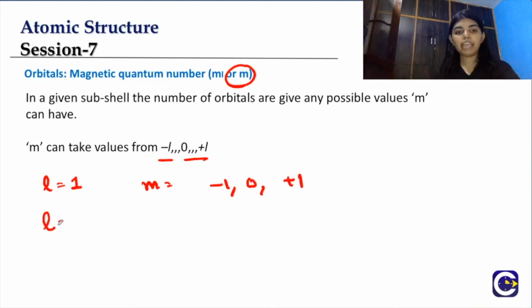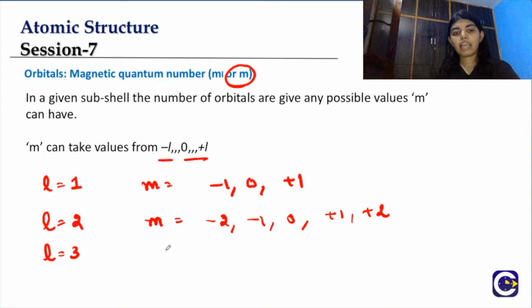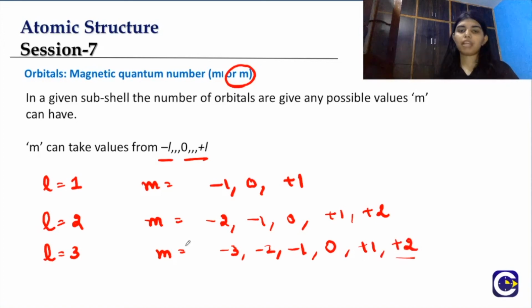If L equals 2, then m equals minus 2, minus 1, 0, plus 1, plus 2. And if L equals 3, then m can have a value of minus 3, minus 2, minus 1, 0, plus 1, plus 2, plus 3. These are the possible values of m.